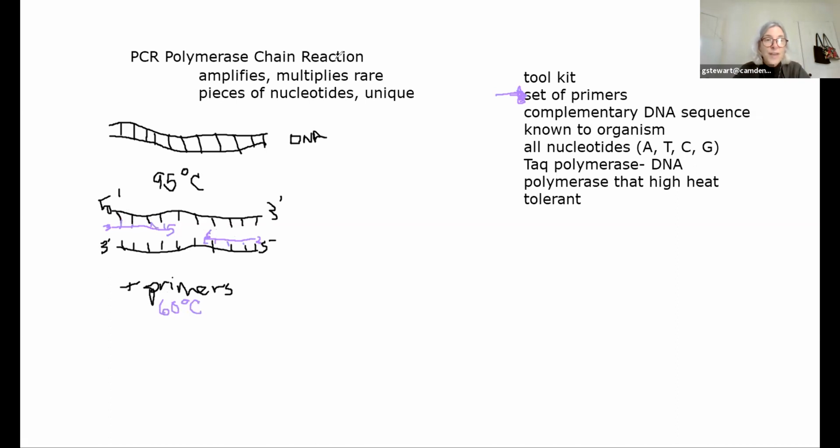And then the cool thing is we turn the temperature back up to in the 70s, let's say 72 degrees C. And the primers will then elongate with the Taq polymerase.